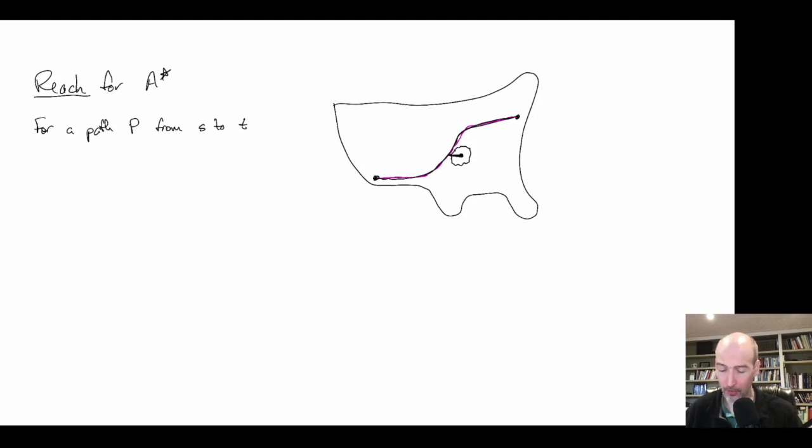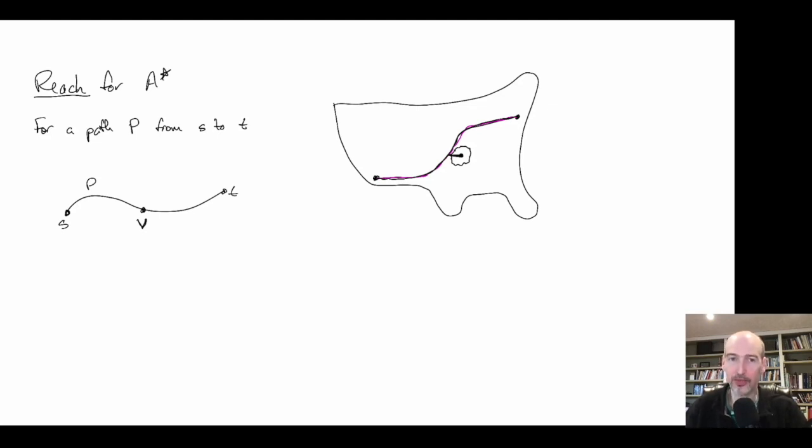Okay, but we're thinking about a path from S to T, and then we think about a vertex. So we've got this path that's going from S to T, and then we have some vertex V here that we're thinking about. And we want to say, what is the reach of V with respect to this path P?